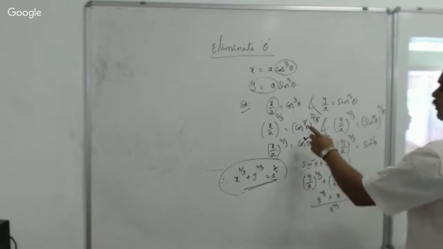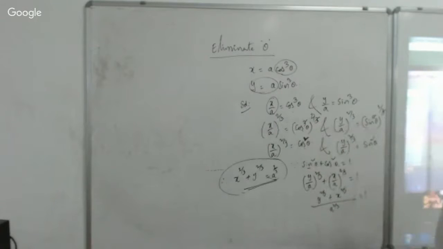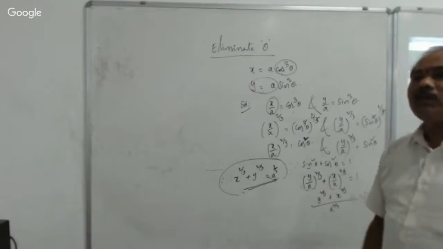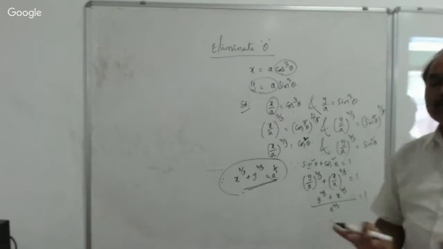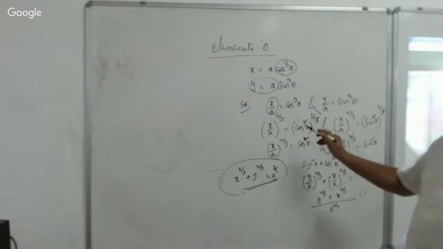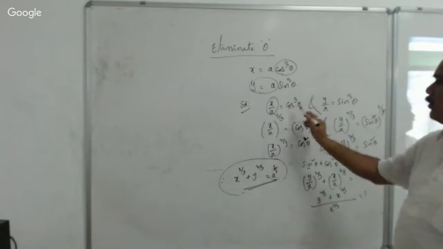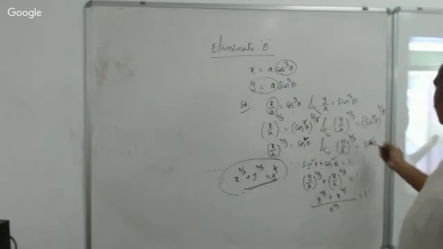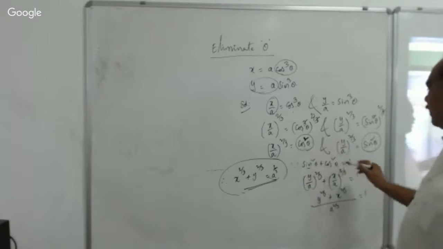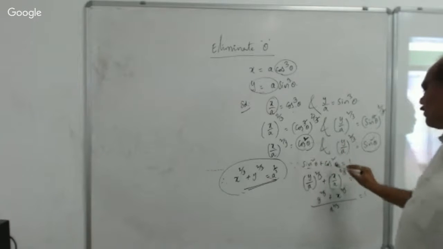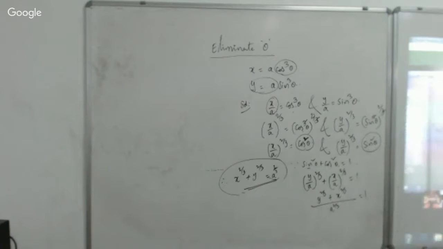If you apply any operation, you have to apply the same operation on both sides, to keep balance. That's why here raise the power to 2 by 3 on both sides. Here also the same. Now we are getting the sin square theta value and the cos square theta value. Now sin square theta plus cos square theta equal to 1, simply by putting this we get the result.